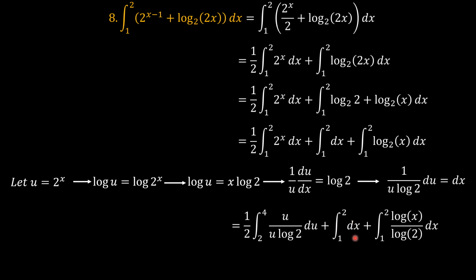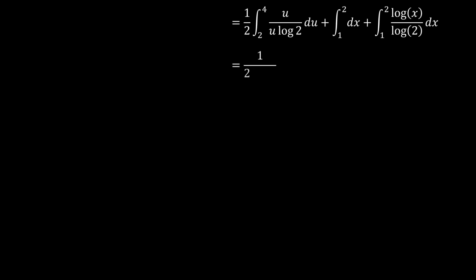Plus the integral of 1 from x equals 1 to 2, plus the integral from x equals 1 to 2 of log x over log 2. The log to the base 2 here can be converted to the natural logarithm of x over the natural logarithm of 2. And the u's cancel, so we can pull out the 1 over log 2.